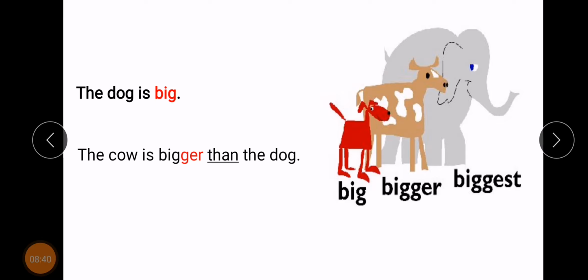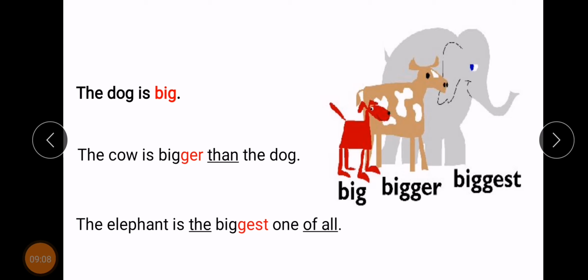But here, if I'm going to compare the dog with the cow, I'm going to compare 2 nouns together. So what I will do here, I will add er. Excellent. I will add er to the adjective and I will add than just after the adjective. The cow is bigger than the dog.